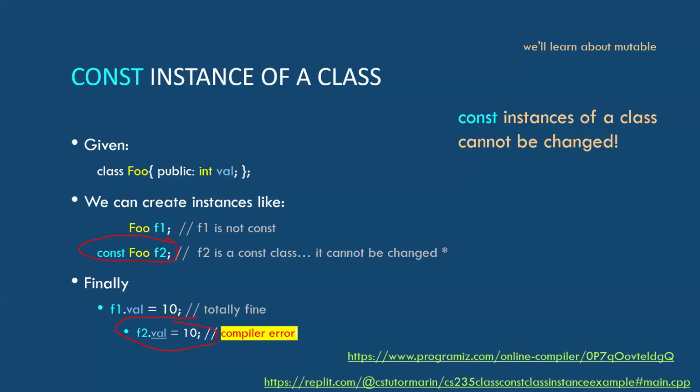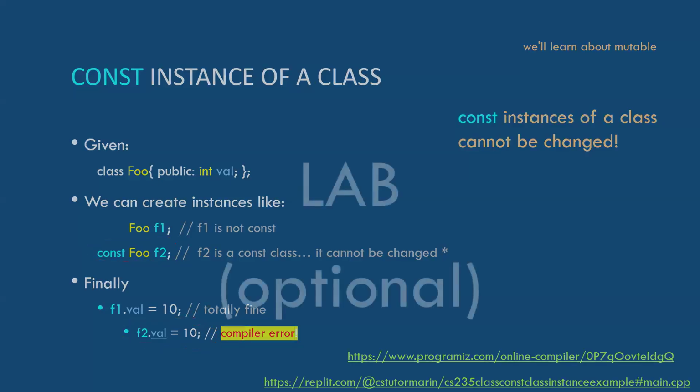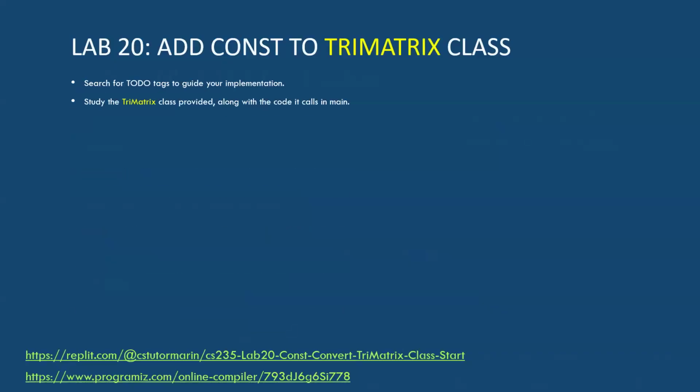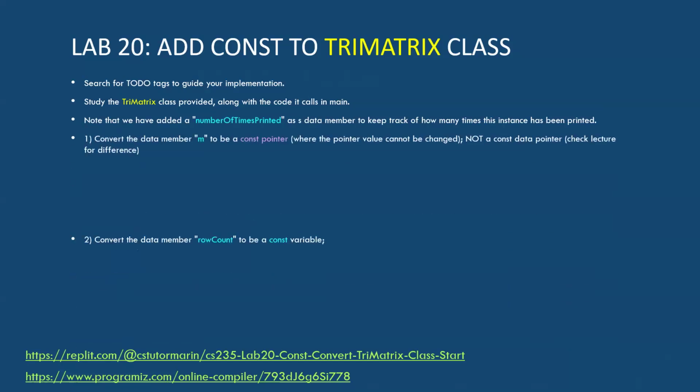So a lot of odds and ends there. Take a look at that early slide in there. But today's lab, which is optional, is really just about adding some const declarations to your triangle matrix, okay? And I'll let you guys dig into this because I know this is pretty dry so far, but read through the instructions that are in there.